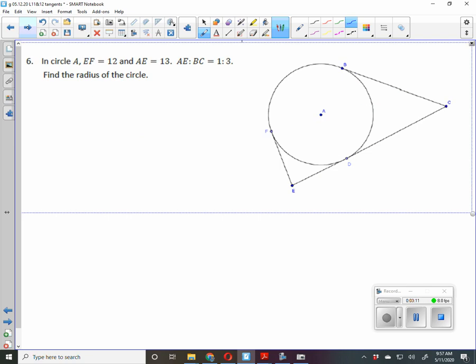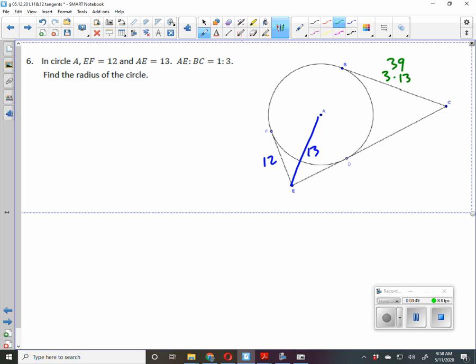In circle A, EF is 12. AE is 13. And they said AE and BC are in a ratio of 1 to 3. So isn't this going to be 3 times 13, or 39?